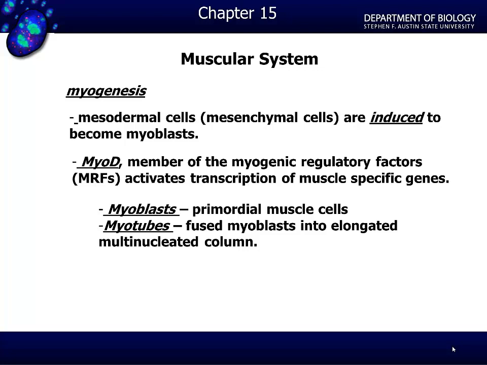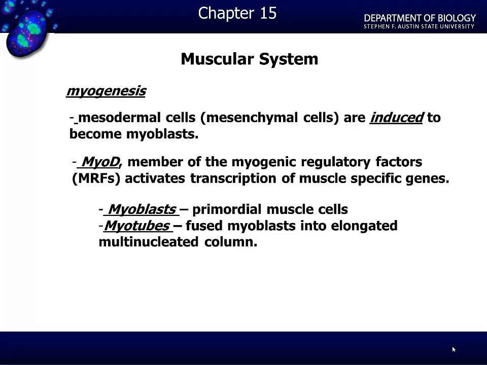Now, we know in adult skeletal muscle, we have multinucleated, elongated myofibers or muscle cells, and this is where we get that multinucleation. As many myoblasts that are singly nucleated fuse together, that gives us our myotubes.